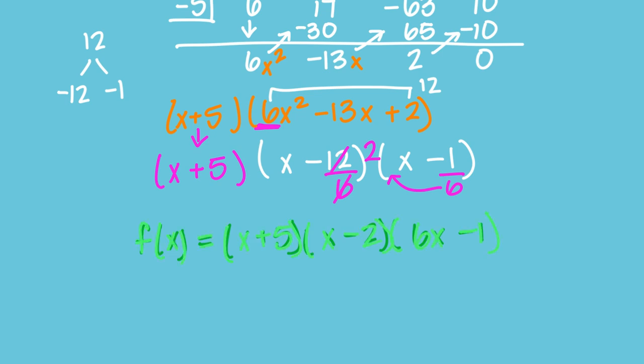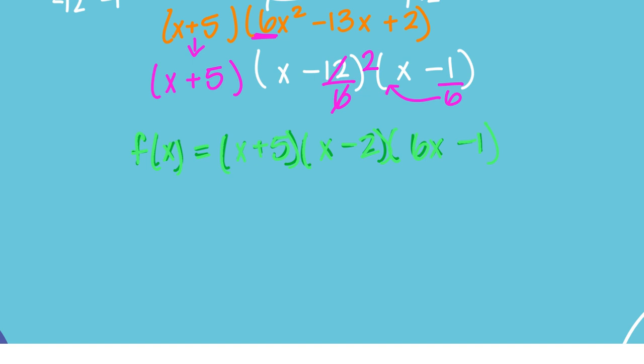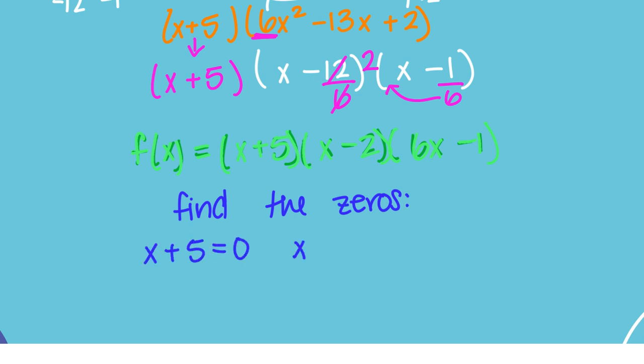All right, now let's just say they asked, okay, find your zeros. Finding my zeros, let me get a dark blue. Find the zeros. I'm going to take x plus 5, set it equal to 0. X minus 2, set it equal to 0.